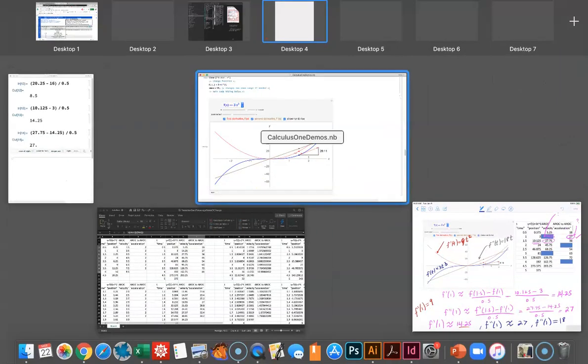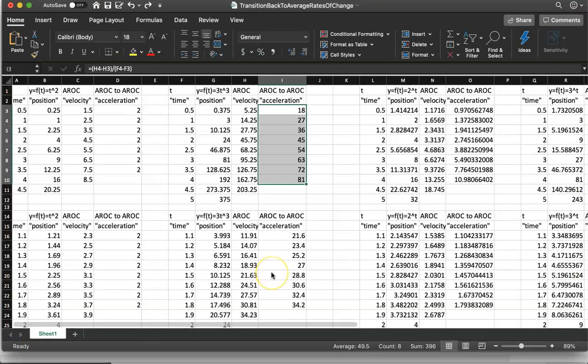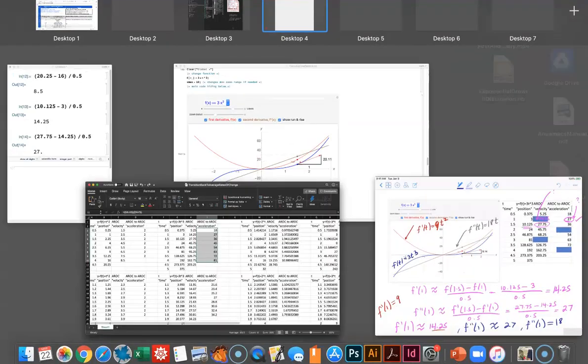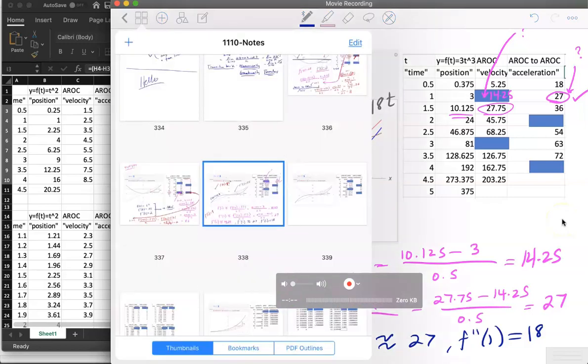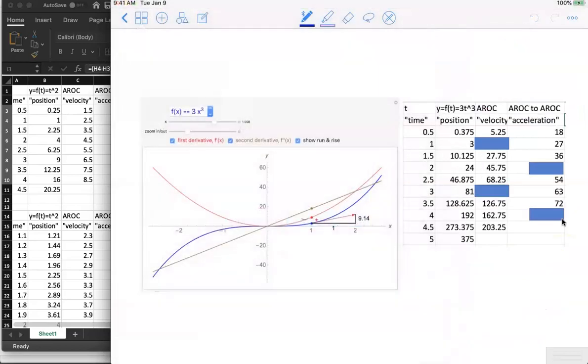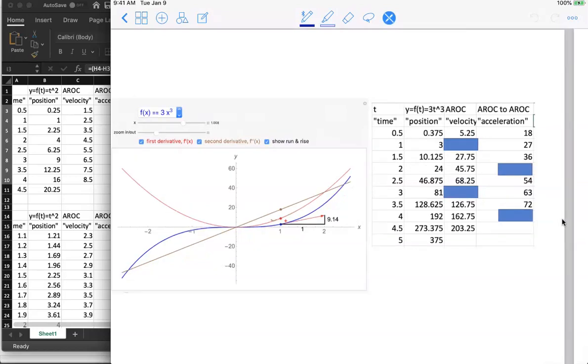Okay, so that is another video on the first and second derivatives graphically and numerically. And let me just say what we had done in that table of values again.